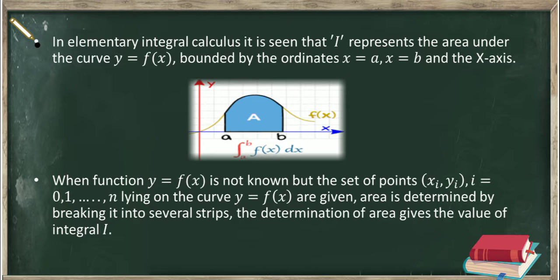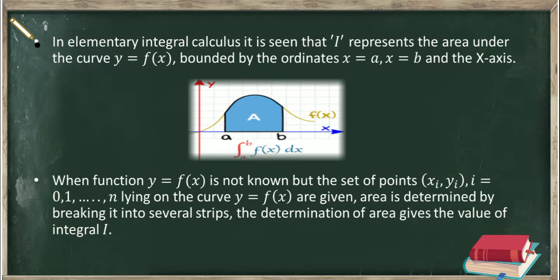When the function y is equal to f of x is not known, but the set of points xi, yi, i varies from 0, 1 up to n, lying on the curve y is equal to f of x are given, the area is determined by breaking it into several strips. The determination of area gives the value of integral I.